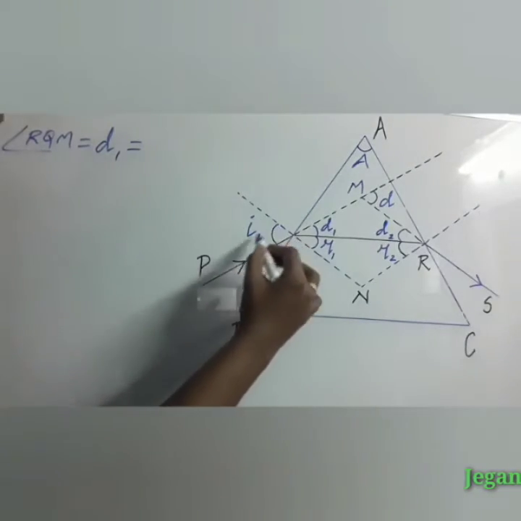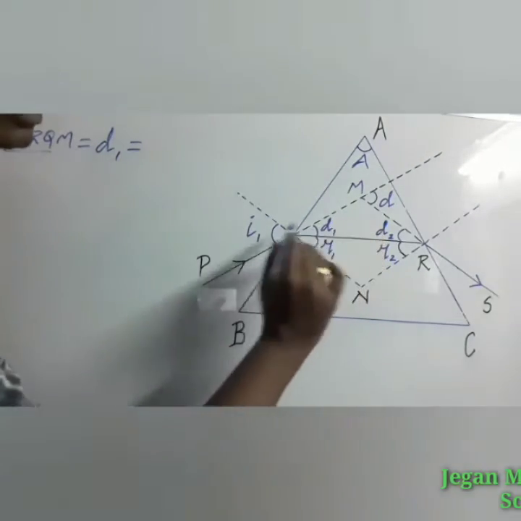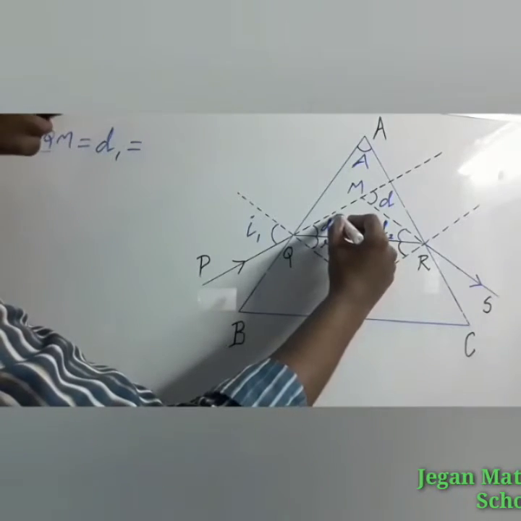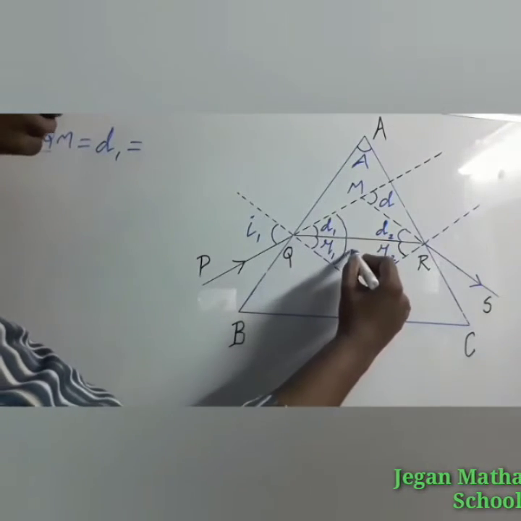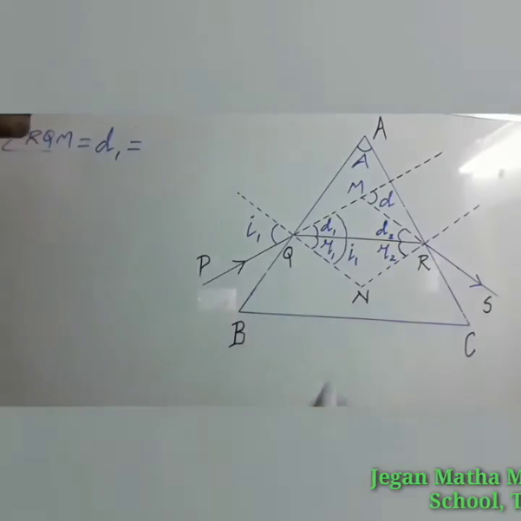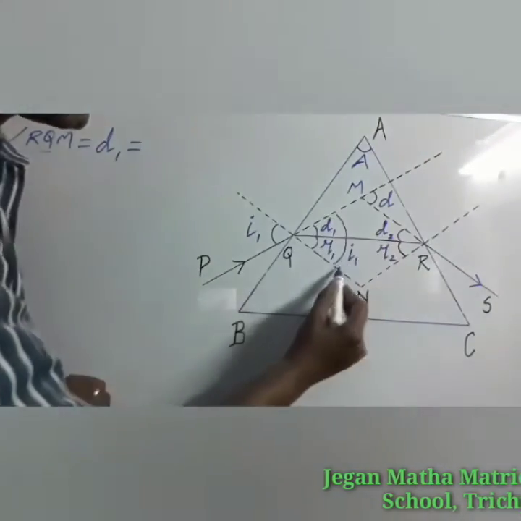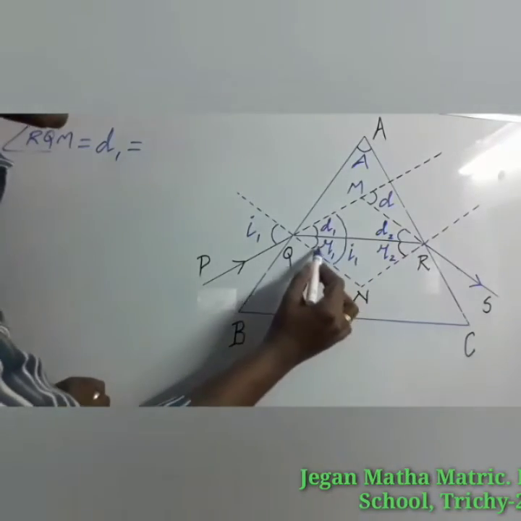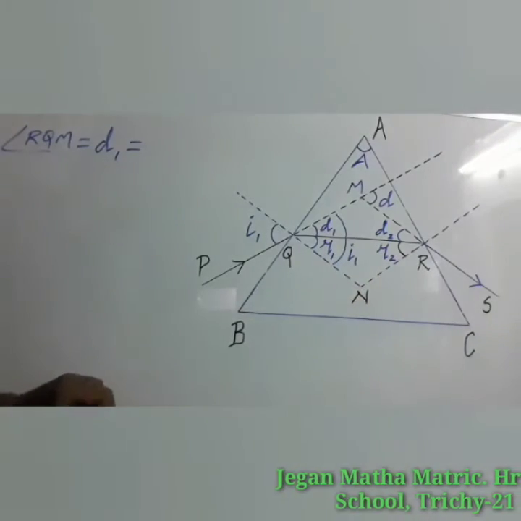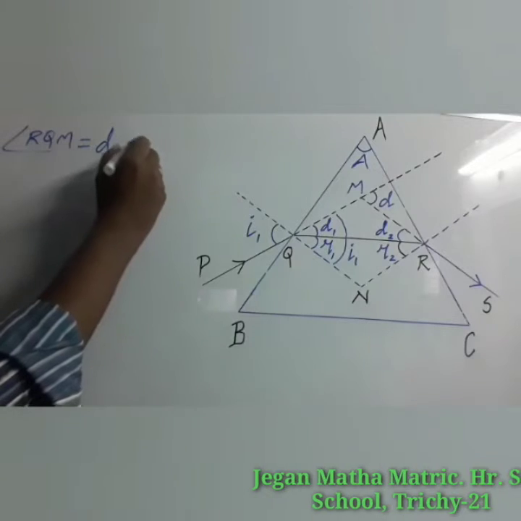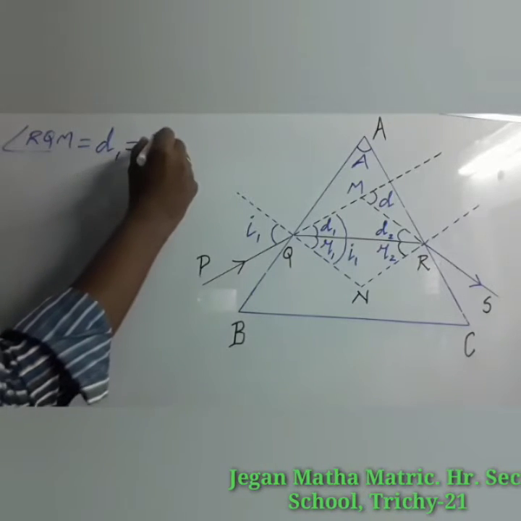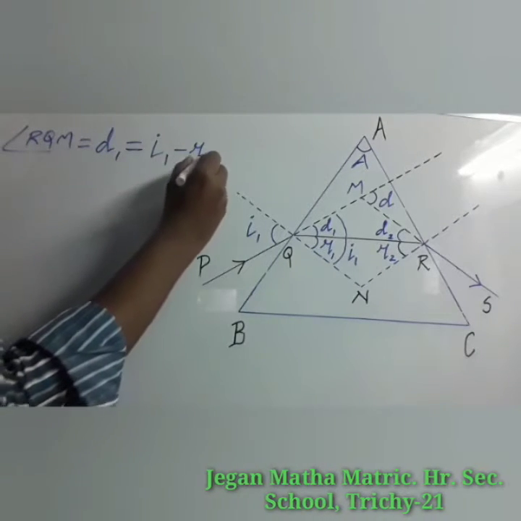Here we have noted that as I1. Here the opposite angles will be equal, so here also the entire angle will be equal to I1. We need the value of D1. For that, from this greater angle I1, we have to subtract the angle R1. So D1 can be written as I1 minus R1.